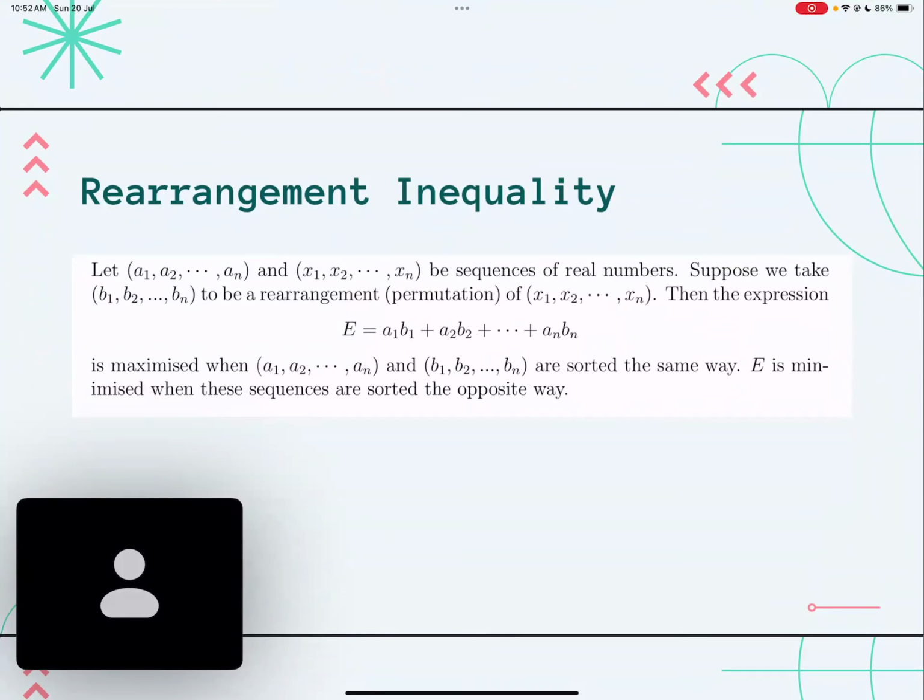So think about if you have two sequences of real numbers, right? And then order them, we're able to order them differently, and express it as B1, B2, Bn as a permutation of x1, x2 all the way to xn.